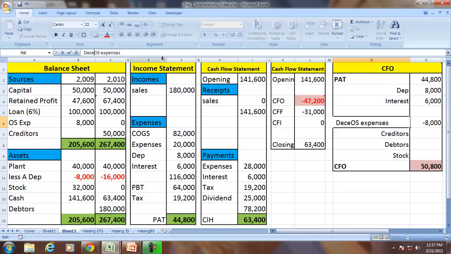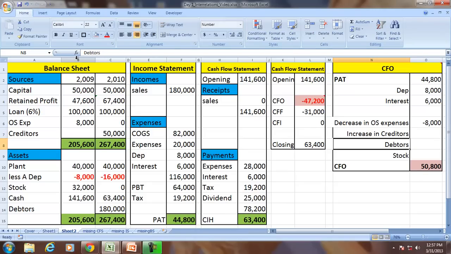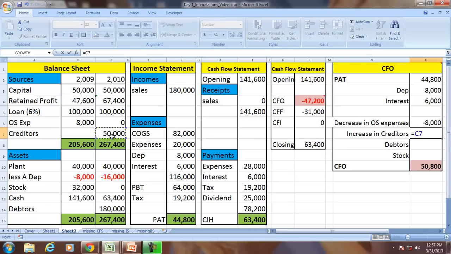Decrease in outstanding expense has happened here, which means that there is a payment to the extent of 8,000 which is not shown in the income statement. The creditors have increased. Increase in the creditors means we purchased goods on credit, so no payment has been made, so plus 50,000. To that extent, payment has not been made.